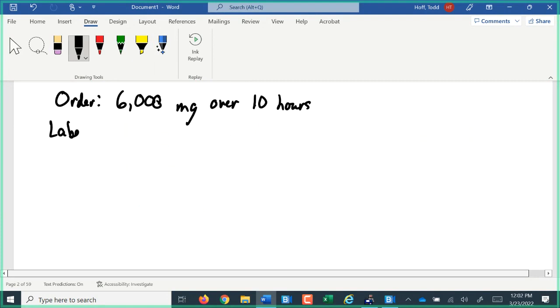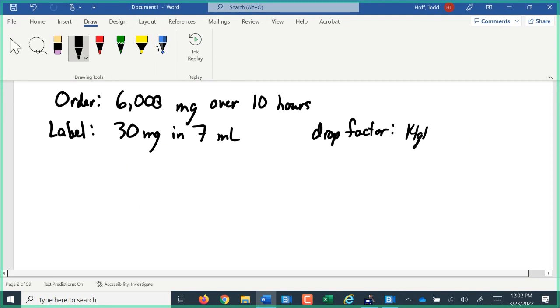Our label on the bottle says that we are 30 milligrams, 7 milliliters, and we have a drop factor of 14 drops per milliliter. Find my flow rate in drops per minute. I'll give you a couple minutes, then we'll go over that.